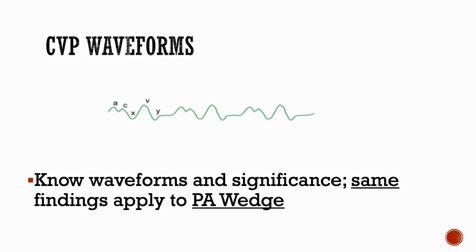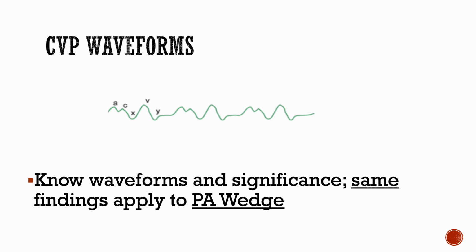What's kind of interesting is that before the EKG was even invented, the phenomenon of Wenckebach was described by very careful observations of neck pulsations, where they could pick up A and C waves, which correspond with atrial and ventricular activity. And these are the exact same waves that you'd pick up on a wedge tracing via PA catheter.